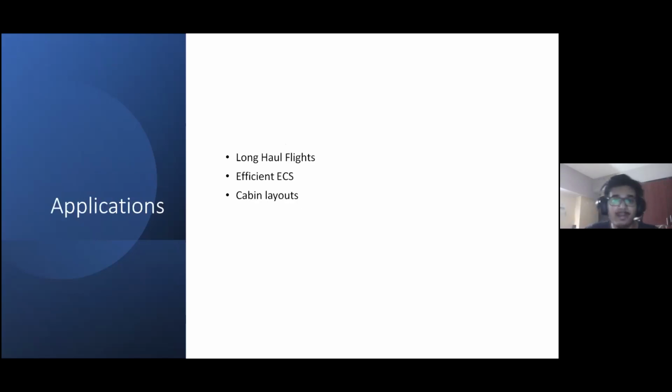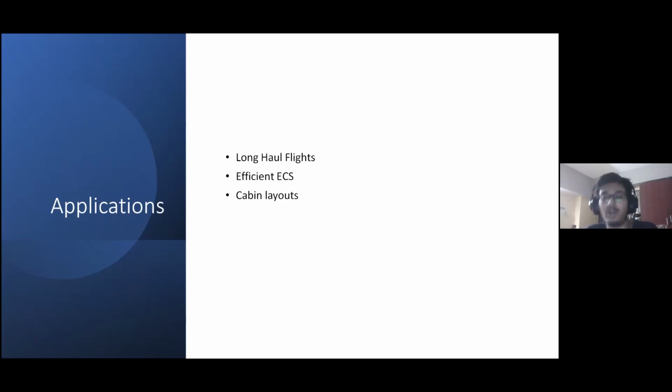Coming to applications, of course, this is very, very important in long haul flights. If you take the 19-hour flight from New York to Singapore on Singapore Airlines, then you need to have a very efficient and a robust ECS to keep the cabin temperatures as comfortable as possible for the passengers. And so that is the goal of this project.